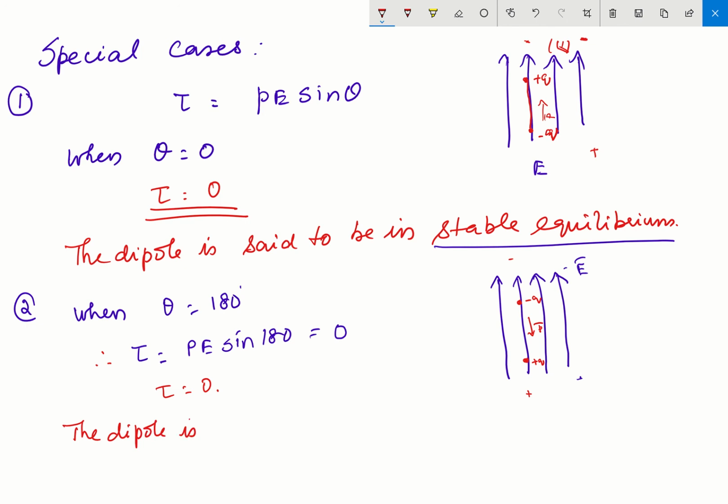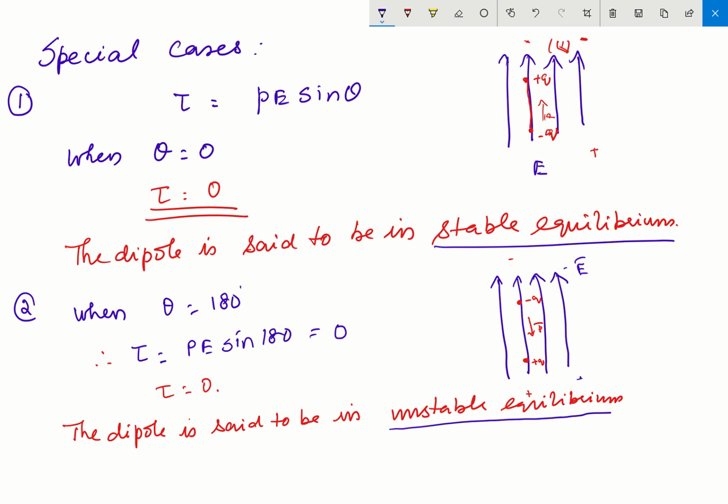Therefore, the dipole is said to be in unstable equilibrium.